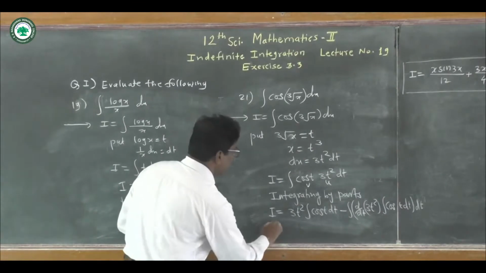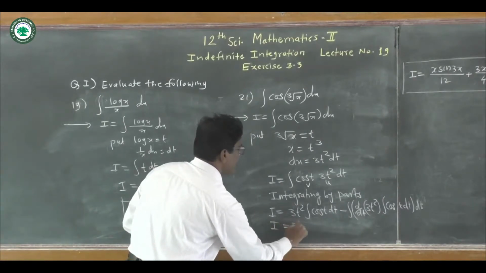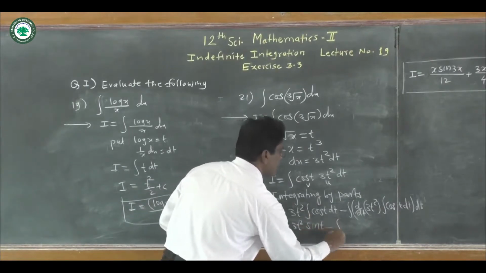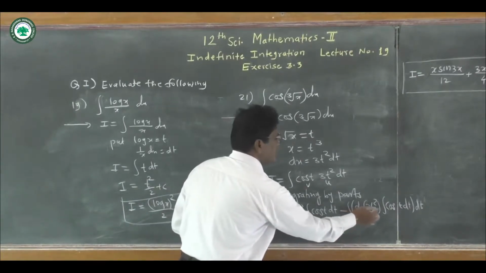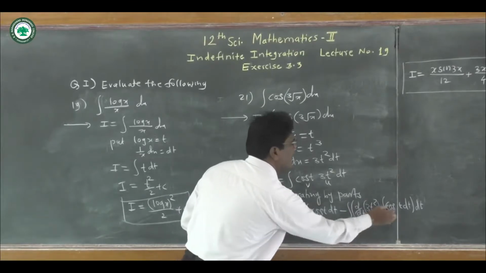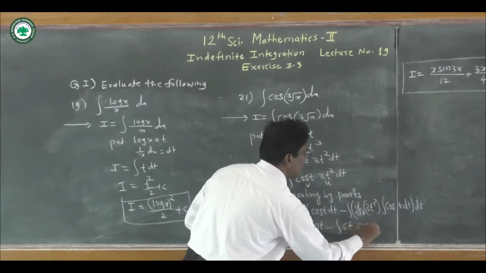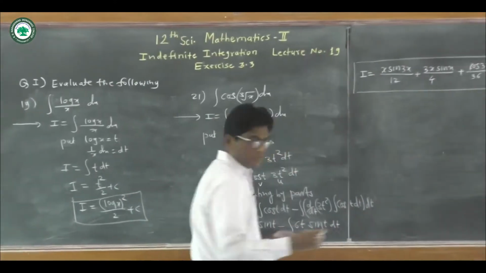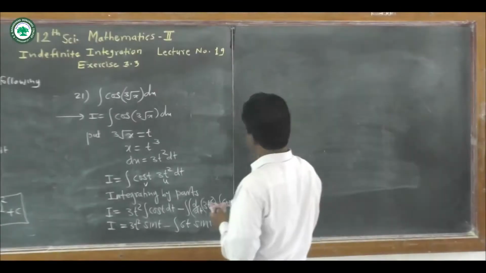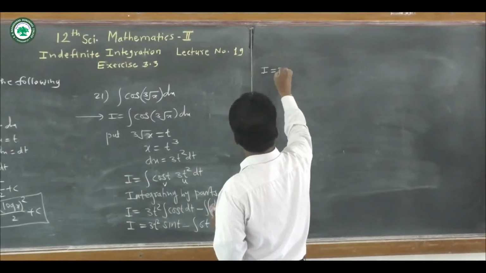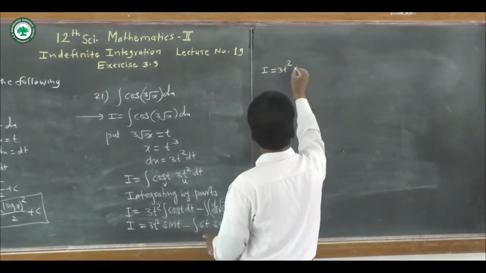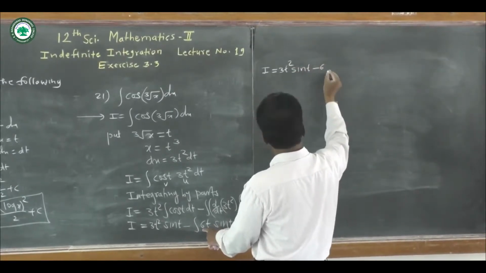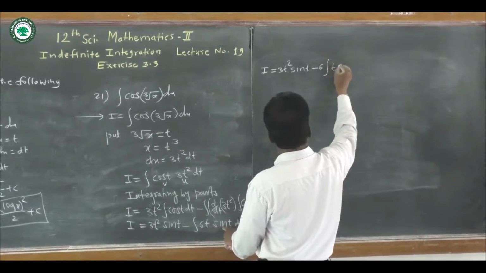And so I is equal to 3t square as it is, integration of cos t is sin t, minus integration of derivative of 3t square, that is 6t, and integration of cos t is sin t, dt. So we get here I is equal to 3t square into sin t, minus 6, constant outside the integral, so integration of t into sin t dt.